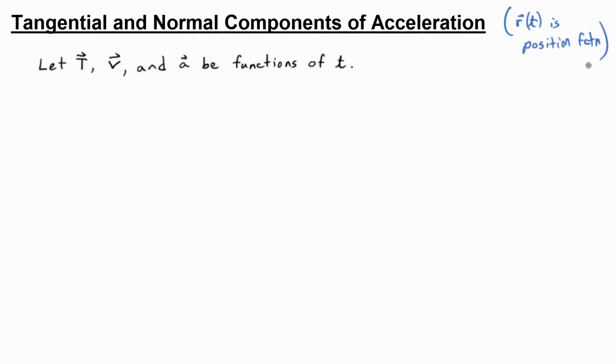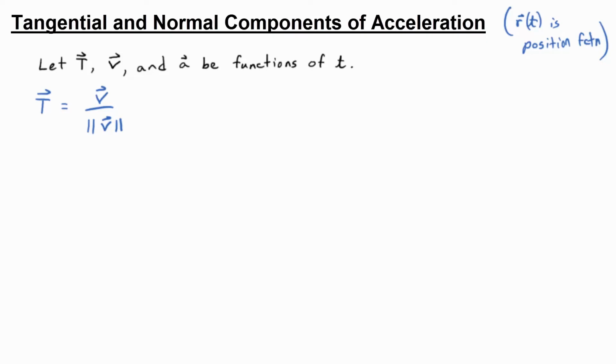I'm going to leave off the function notation, the parentheses t part, but don't forget that they're all functions of t. From what we just got done talking about above, T is v divided by its magnitude, right?